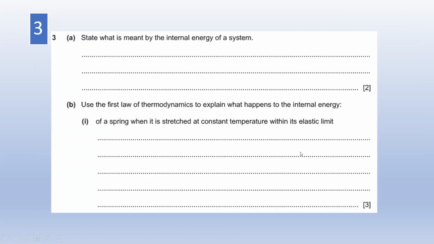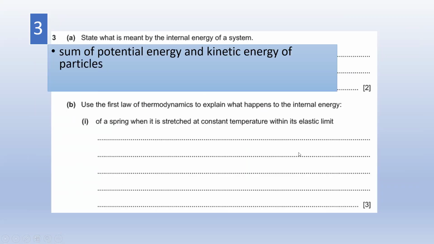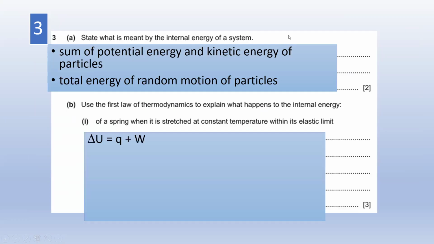State what is meant by internal energy of a system. Sum of potential and kinetic energy of the particles. Total energy of random motion of particles. Use the first law of thermodynamics to explain what happens to the internal energy of a spring when it is stretched at constant temperature within its elastic limit. That's your first law.